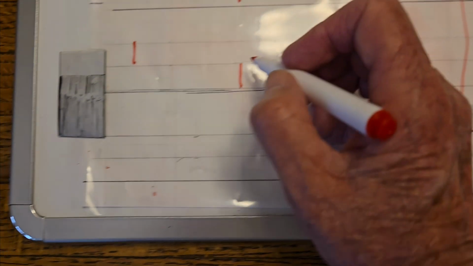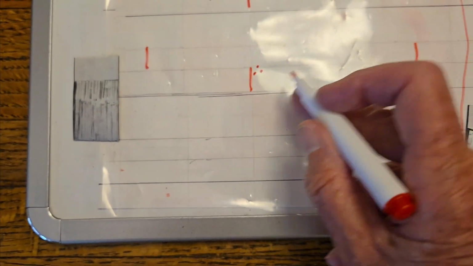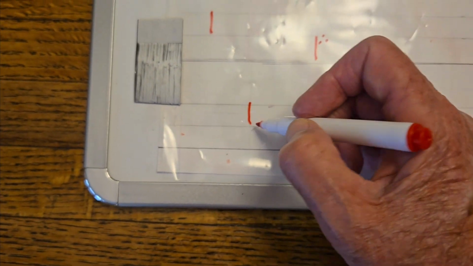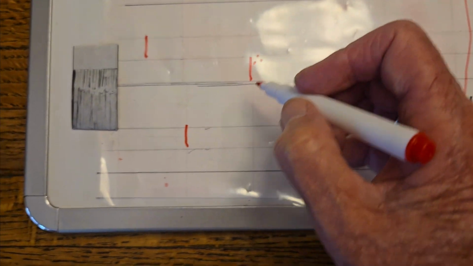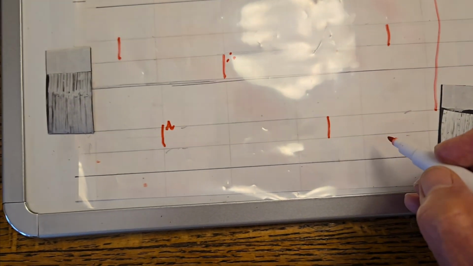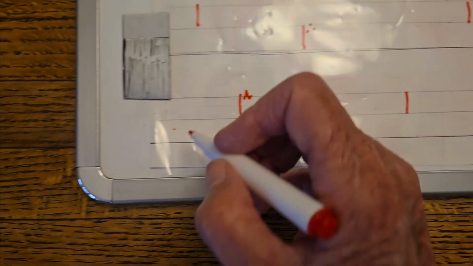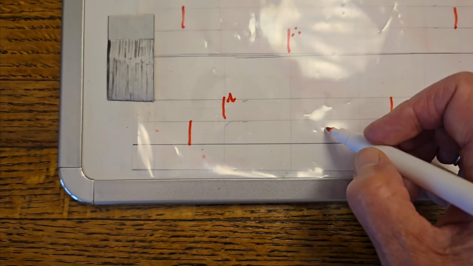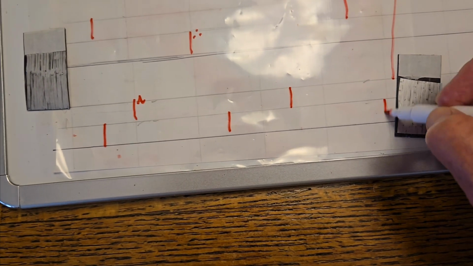Then 8, capitalized, 2, 4, 6, 8. Then a caret with a 5. Then 2 4s, 2. And finish with a 5. And luckily, I did it correctly.